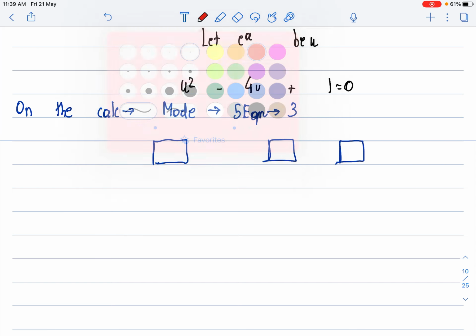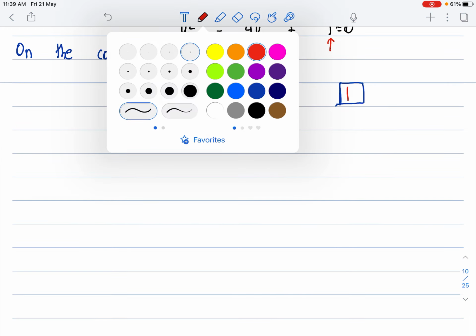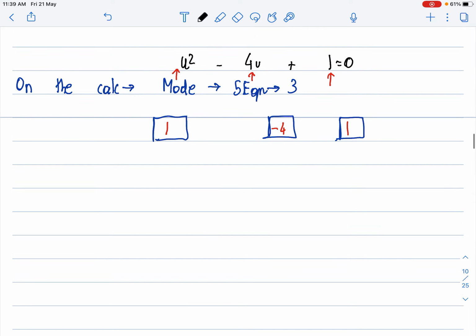In the first box, put the coefficient of u square, which is 1. Then in the second box, put minus 4. And in the last box, put 1. Only the coefficients: 1, minus 4 and 1.